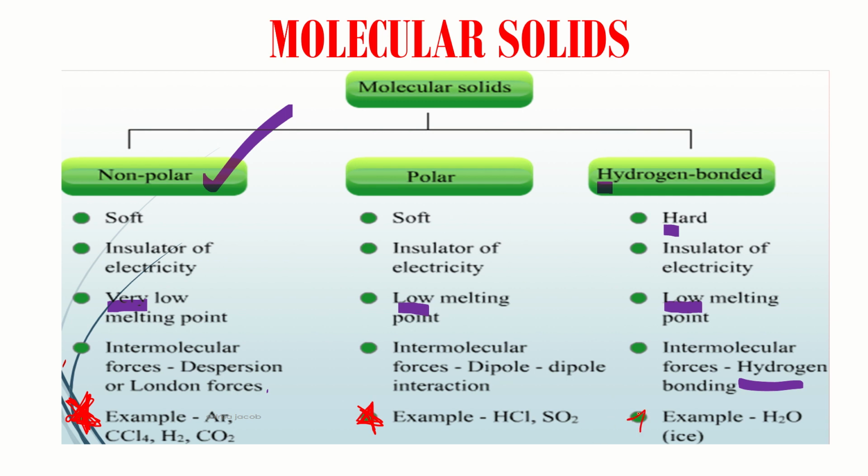Among hydrogen bonded, we have H2O and it is ice, because we are studying the solids chapter, so everything should be taken in solid form only. So this is all about molecular solids. You only have to study these three: polar, non-polar and hydrogen bonded ones and their properties. All their points you should keep in mind.